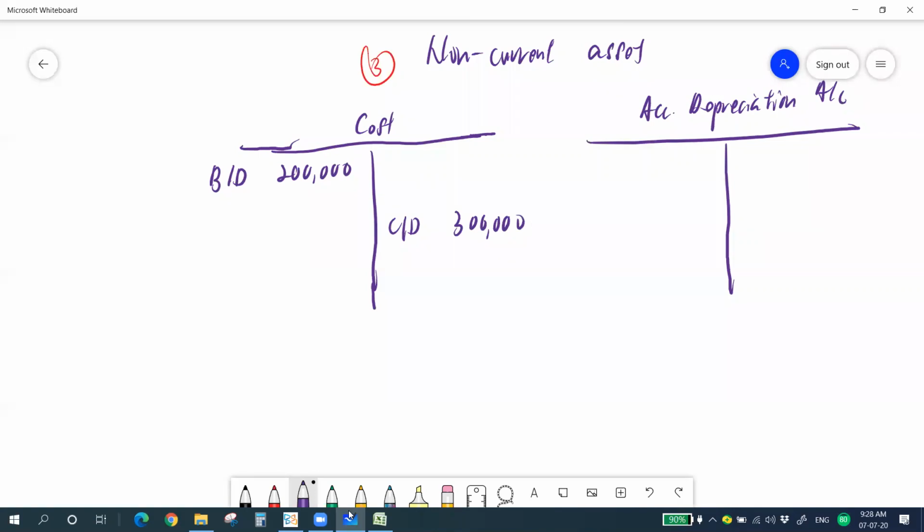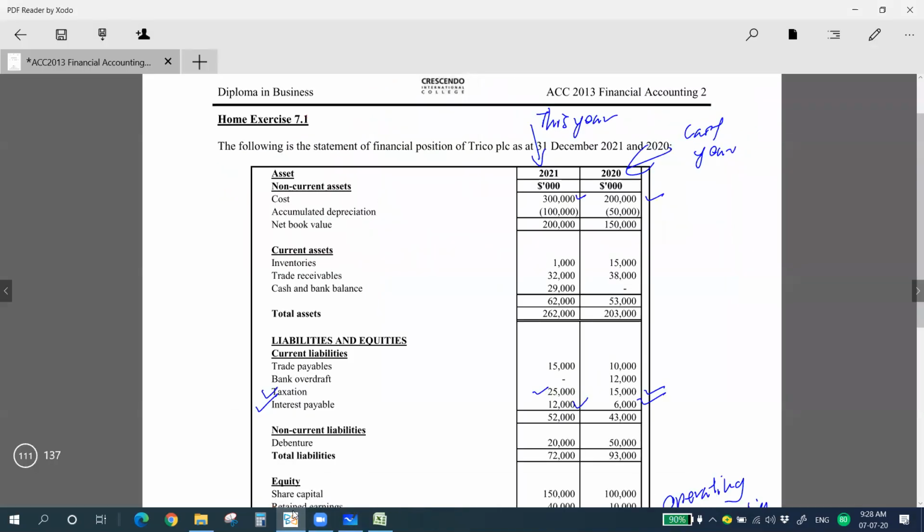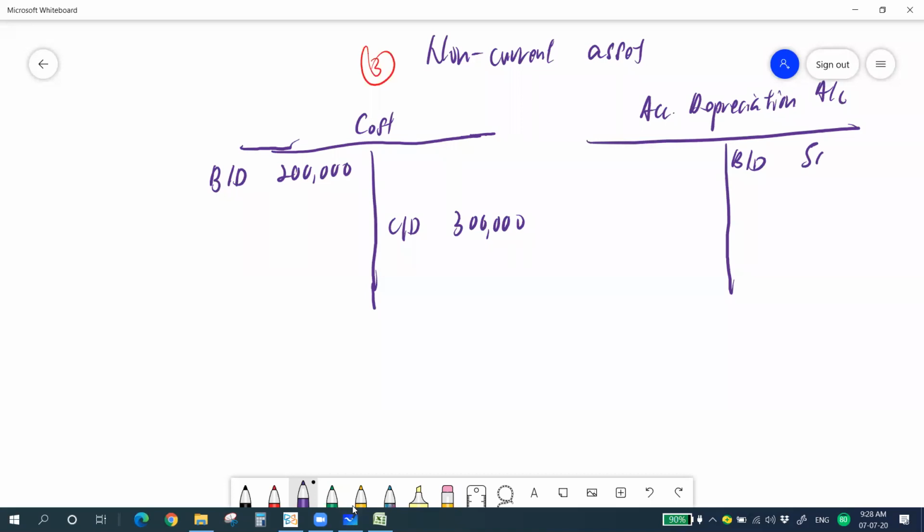For the asset account, opening balances is on the debit, the closing is at the credit. For your accumulated depreciation, brought down is on the credit. Brought down amount is how much? 50 and 100. All right, class.